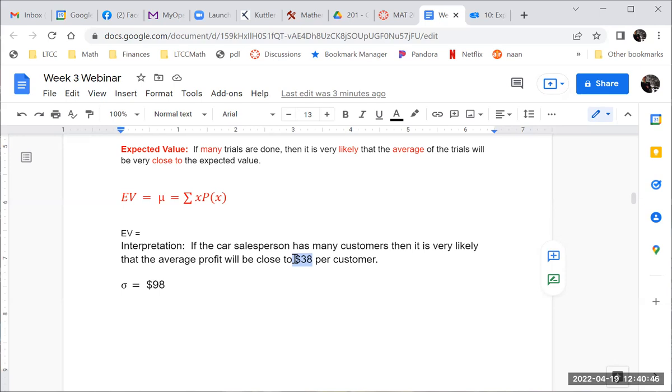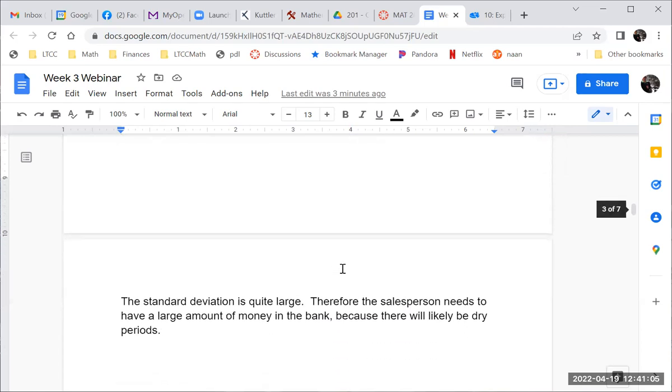It's likely to be that with a lot of customers. It's going to be close to 38 bucks. But the standard deviation is a lot more than that. So it's usually relative to the expected value that's most important. Does that make sense?